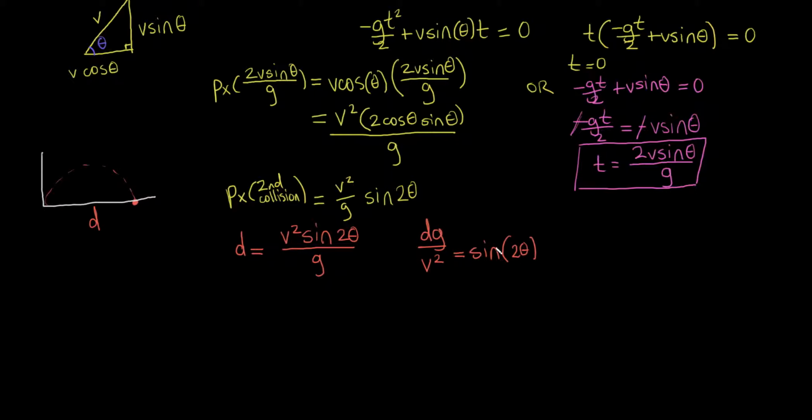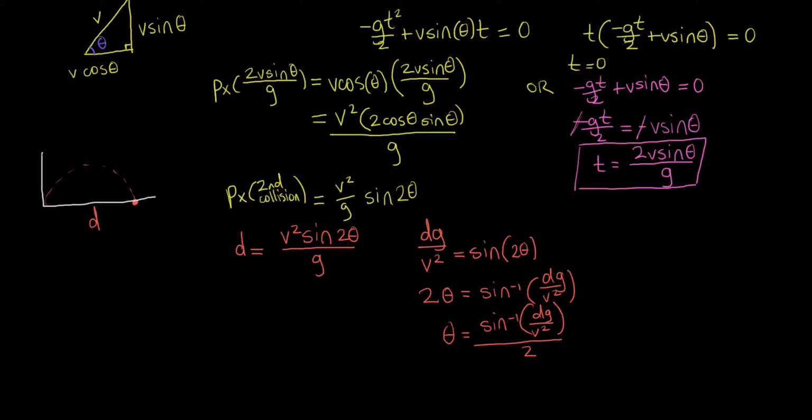All right. Now, if we want to solve for theta, we take the arcsin of both sides. We get 2 theta equals the arcsin of dg over v squared. And now we say that theta equals the arcsin of dg over v squared, over 2. The arcsin of the distance times the gravity divided by the square velocity, divided by 2.